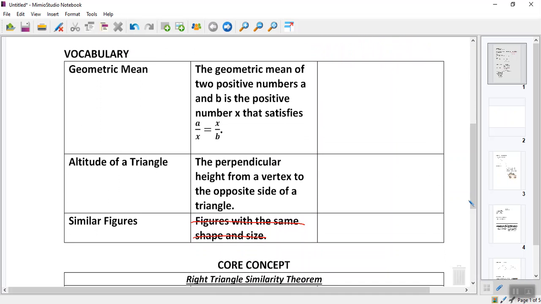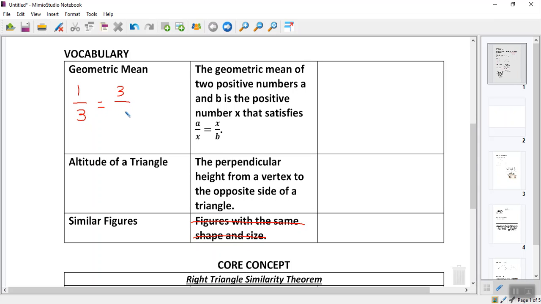Guys, a geometric mean is the following. It's the geometric mean of what type of numbers here, kids? In this case, A and B is the positive number x that satisfies the following: A is to x as x is to B. The example I gave you was 1 over 3 equals 3 over 9.